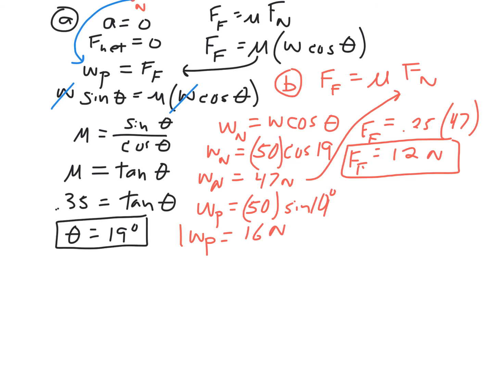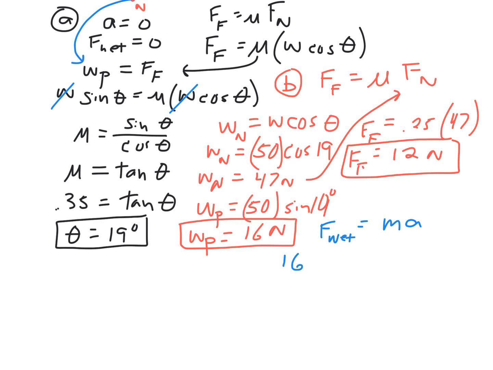So that's important. The two boxes right now here in red are the important ones, because now I'm going to apply F net equals ma. I'll switch colors again. I'll use blue. So F net equals ma for the blocks in the direction down the ramp. So the 16 newtons W sub p is pulling down. It's the bigger force minus the smaller force.